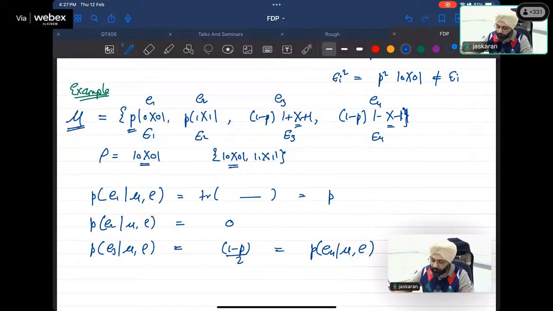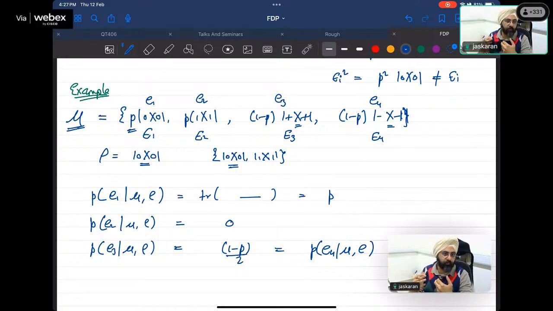It is not the case that only one of these outcomes always clicks. With some probability p, the first outcome clicks, and with probability (1 minus p) by 2, the third and the fourth outcomes click. The second outcome never clicks.